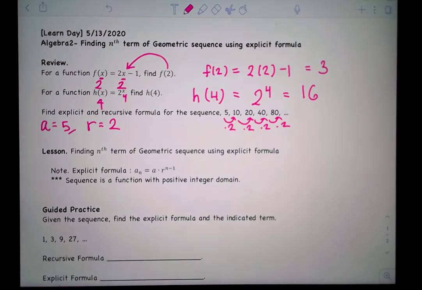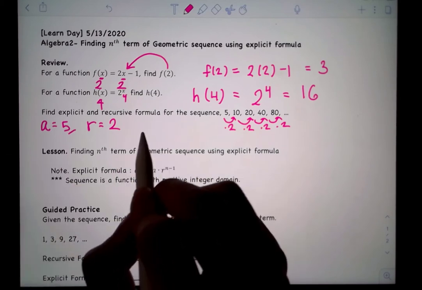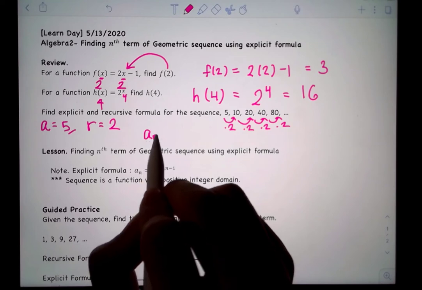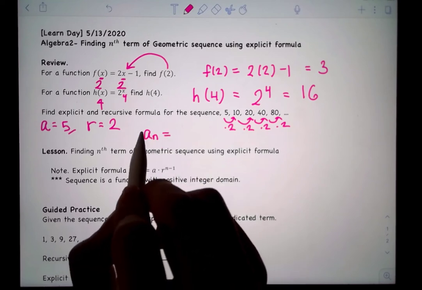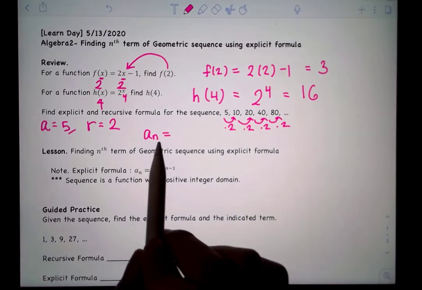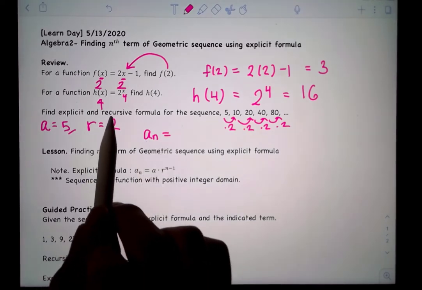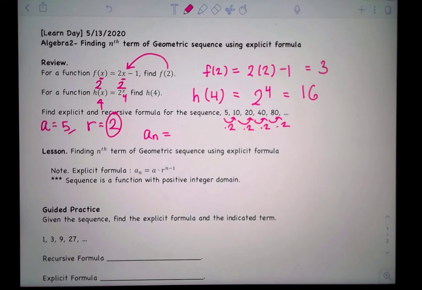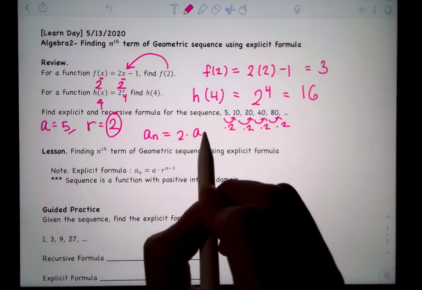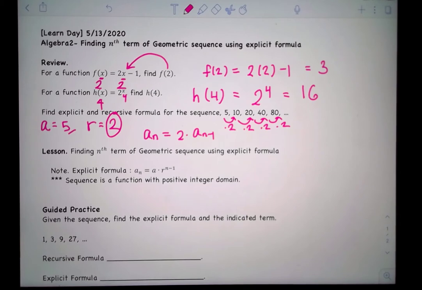So I want to write my recursive form. Then you should have this one. a n equals, because you didn't write this, you just had the right side only. But this is supposed to be equal to what you're using, the common ratio only, right? So 2 times a n minus 1, like this.